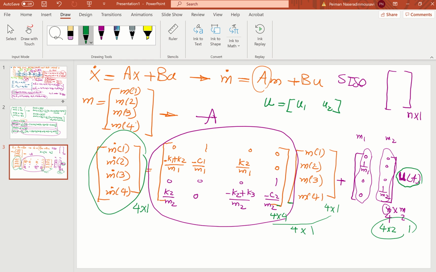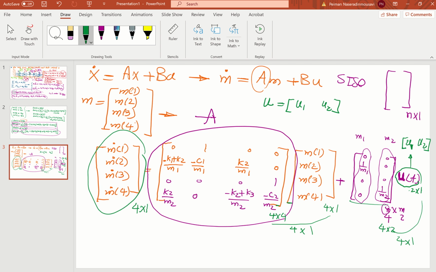If you have 3 inputs, this is gonna be n by 3 and 3 by 1. So now look at here, if I change that as it is, your u is 2 by 1. Now 4 by 2, 2 by 1 gives you 4 by 1. So if I want to write here, you have to multiply like this, u1, because you are designing two controllers to the system, and the u2.